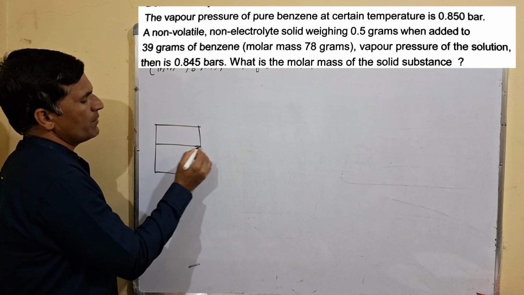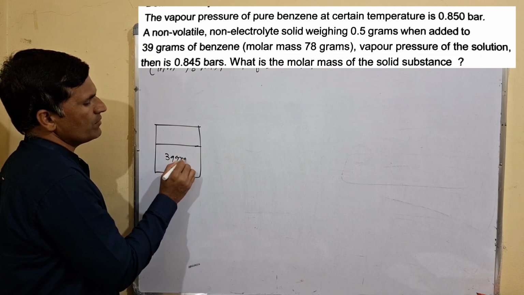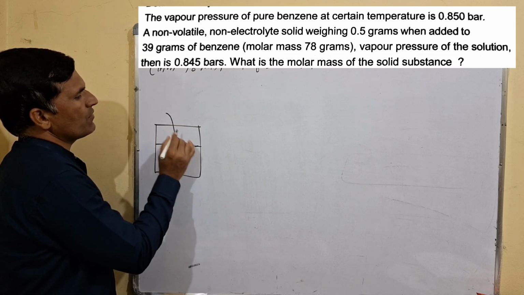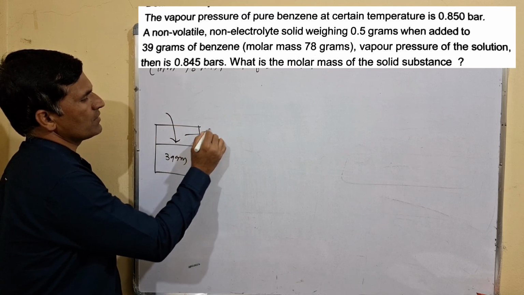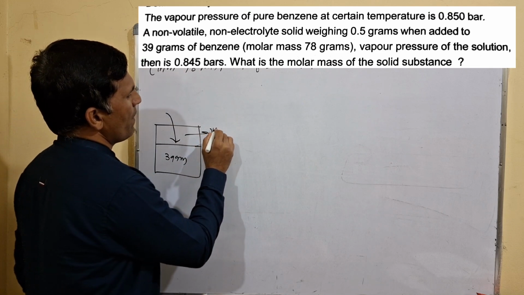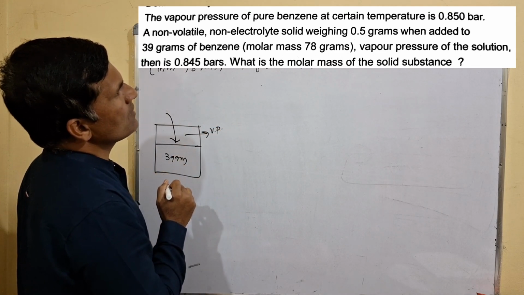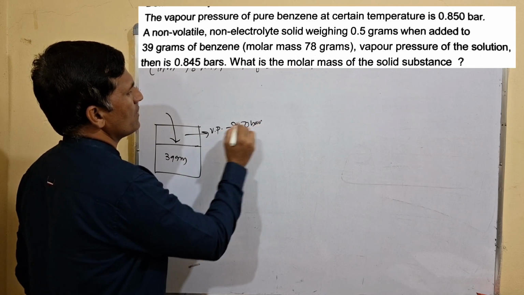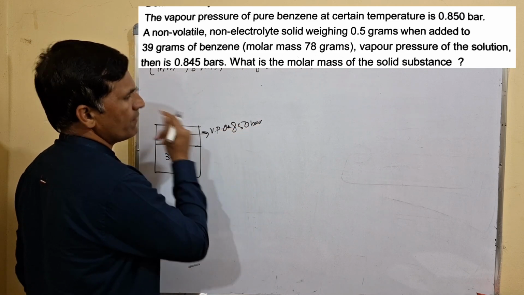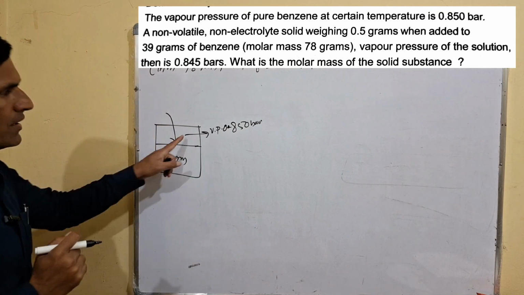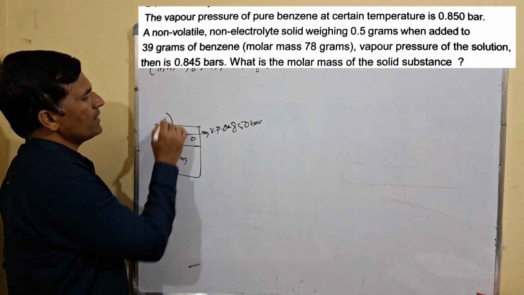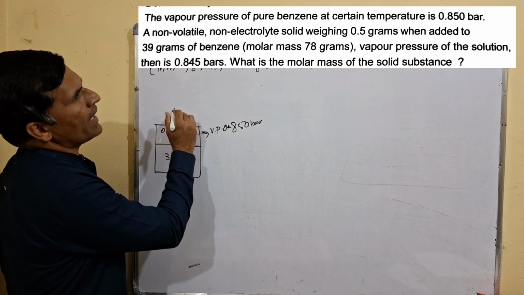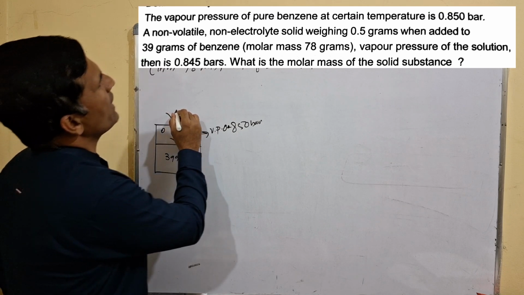See here, benzene is taken, that is 39 grams, right? So to that, what its vapor pressure was, initial vapor pressure, that was found to be 0.850 bar, and then a solute is being added to that. How much solute we have added?